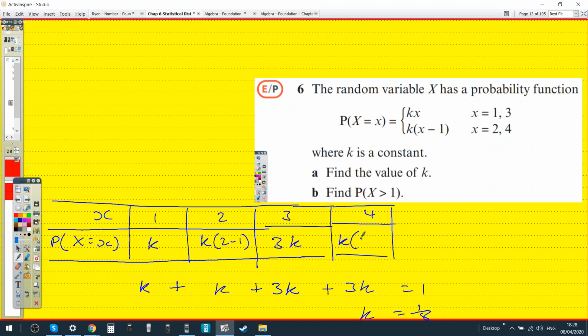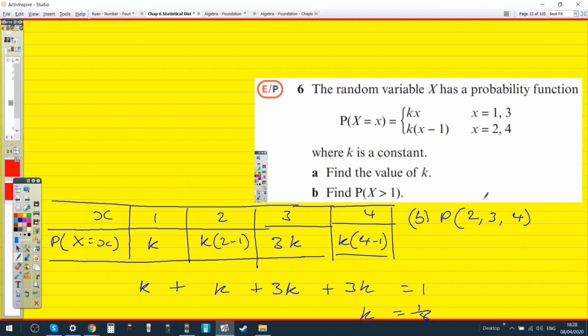So when x is bigger than 1, we have 2, 3, and 4. So we sub in 1 over 8. Keelan, do me a favour.